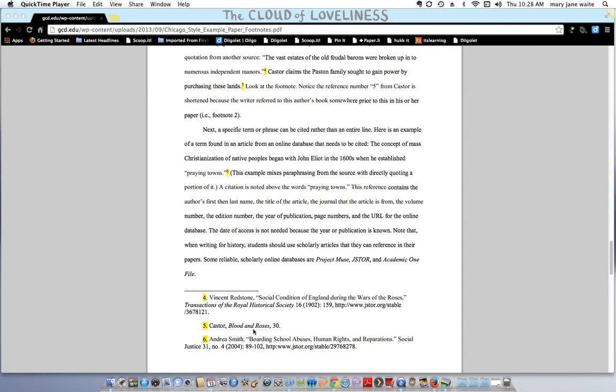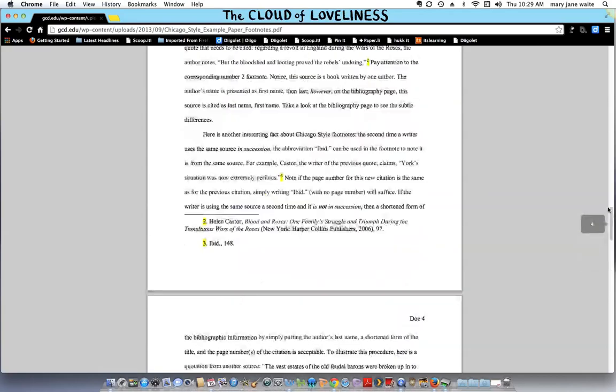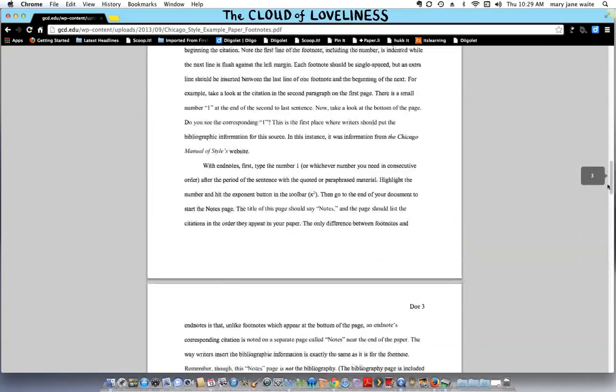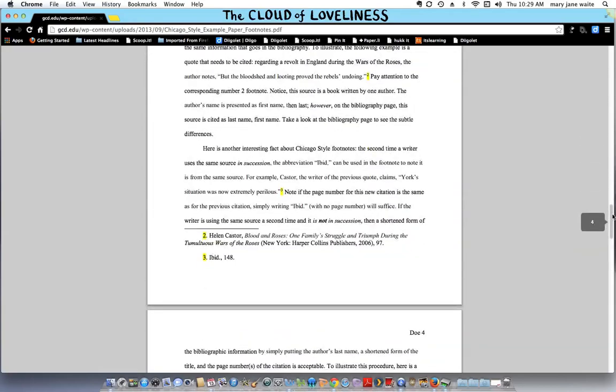We don't have the full title of the book. Was that the same book? Yes, it was the same book, and let's go back and double check that. There it is. Let's look at the title of the book. The full title is Blood and Roses, One Family's Struggle and Triumph During the Tumultuous Wars of the Roses.